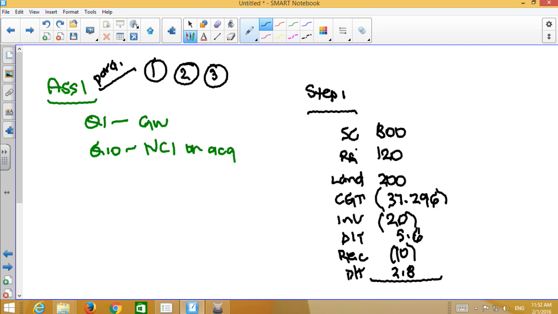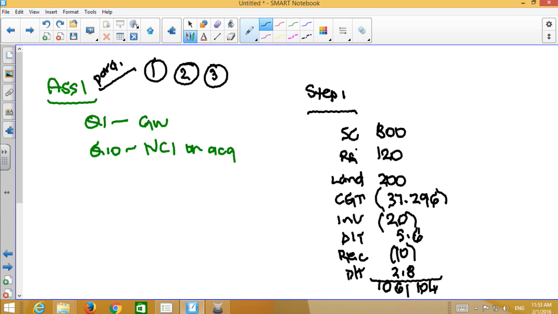And so we land up with step 1 being, just double check, 1061,104.